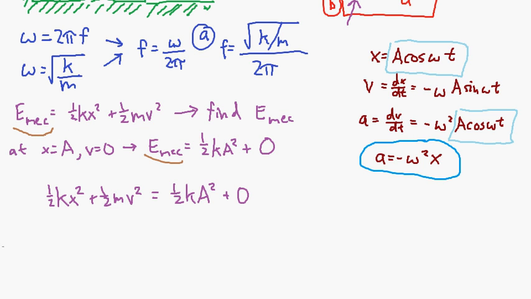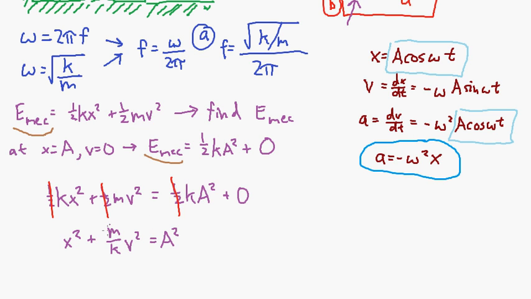Okay, and then let's see. I guess we can cancel all the 1/2s and divide through by k. We want to find amplitude, right? So then you can get x squared plus m over k v squared equals A squared.